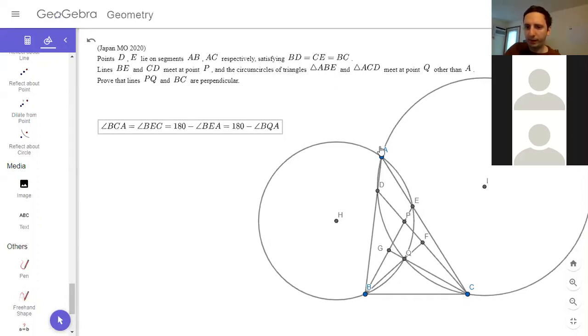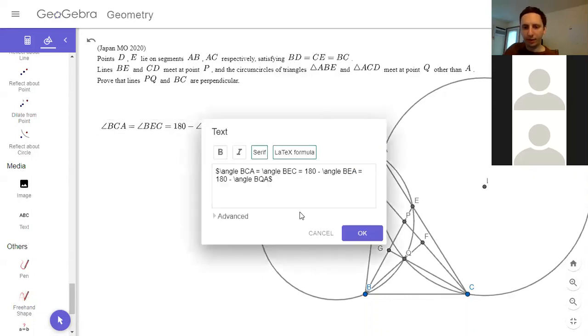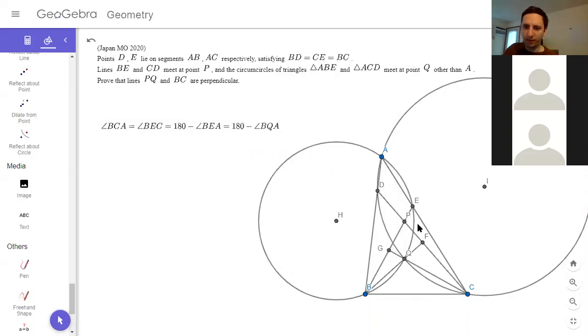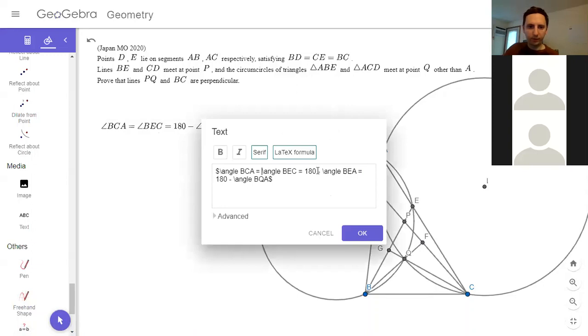Wait, if BCA is gamma, then BEC. Oh, I was considering it isosceles the wrong way. Yeah, BCA and BC are not equal. So you're right. So I'll write it like this.